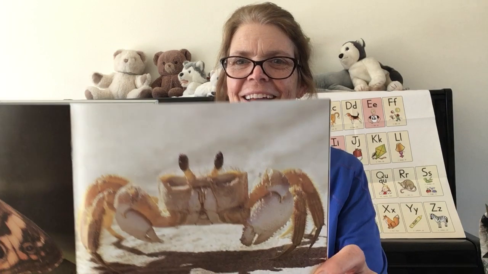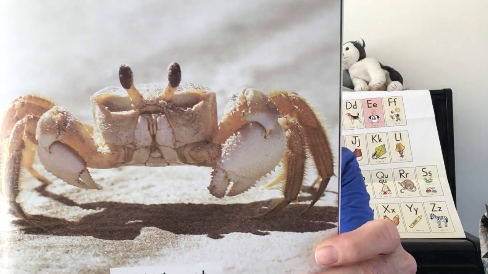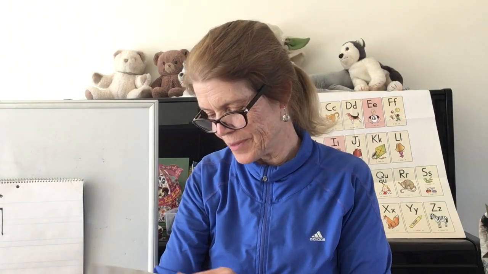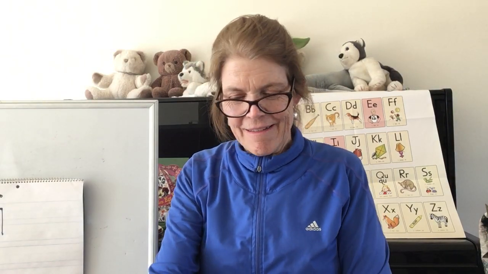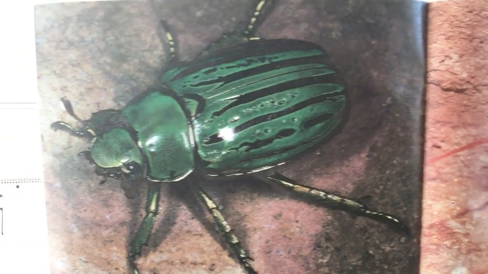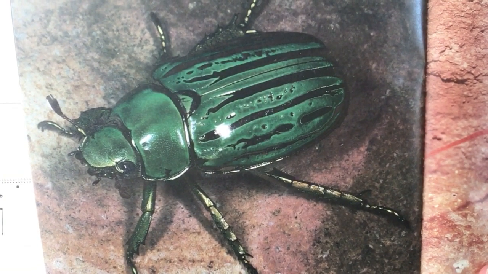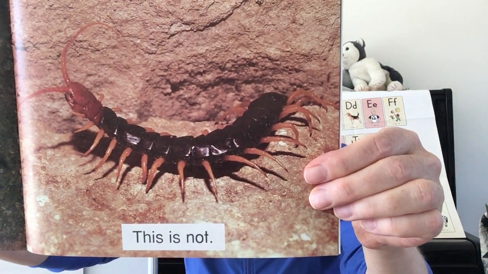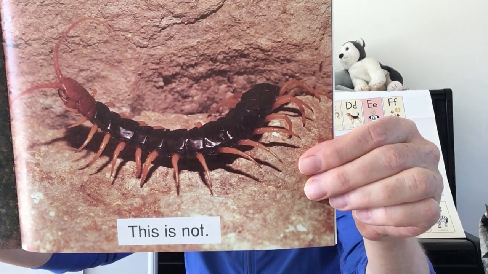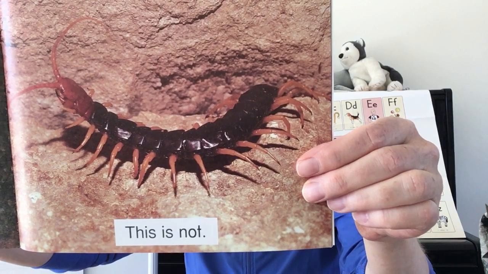Uh-oh, look at this guy. This is not. What is that? You see him at the beach. That's a crab. This is an insect. That's a beetle. This is not. Okay, things are getting tricky there. That looks like that's some kind of a bug, isn't it?